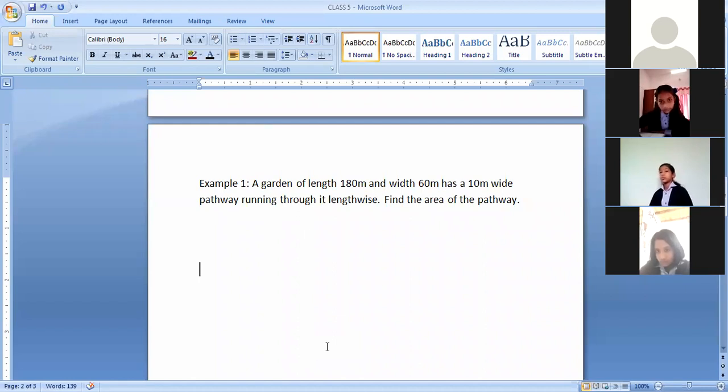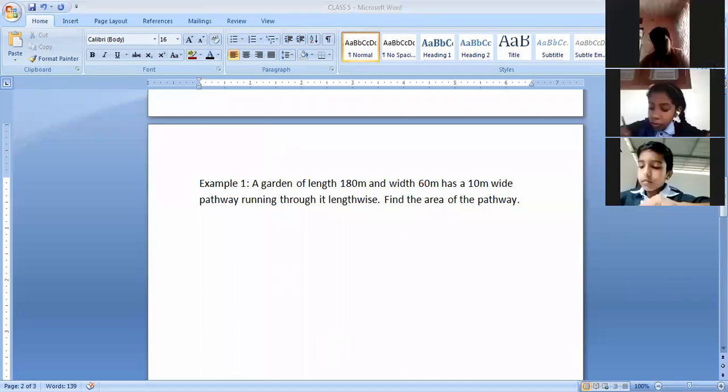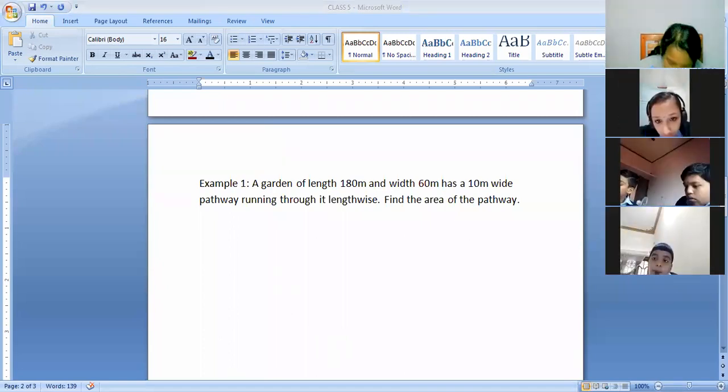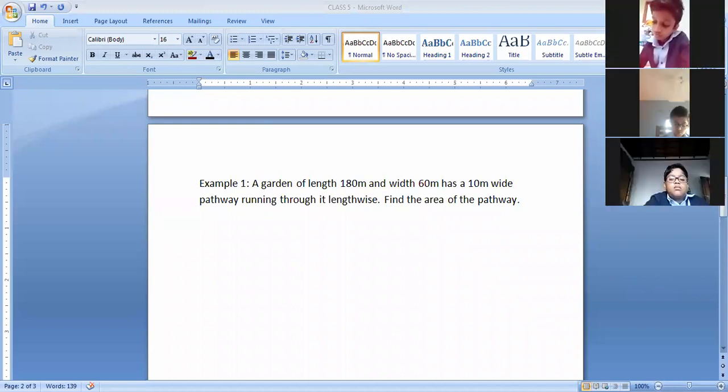Find the area of the pathway. Write the question very fast. Copy the question to your notebook.